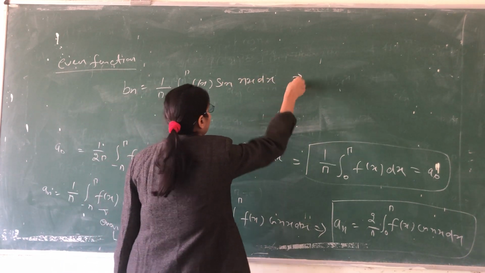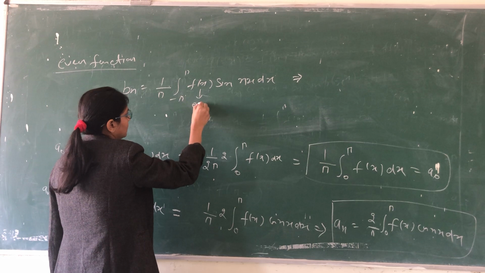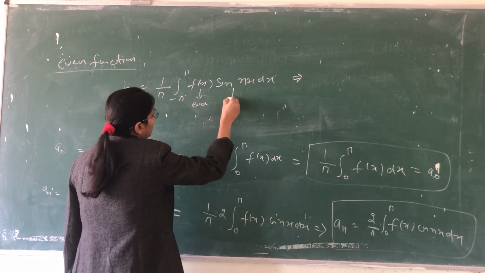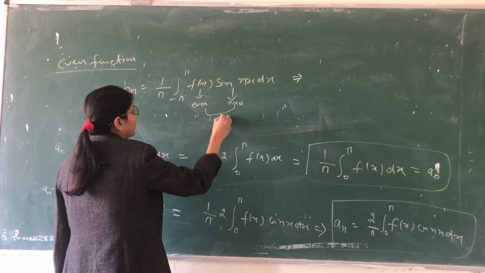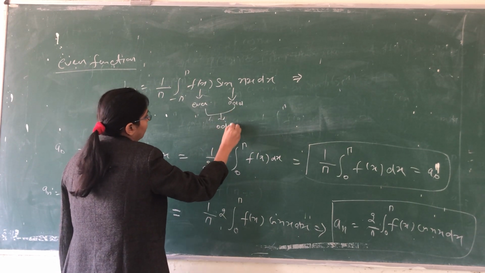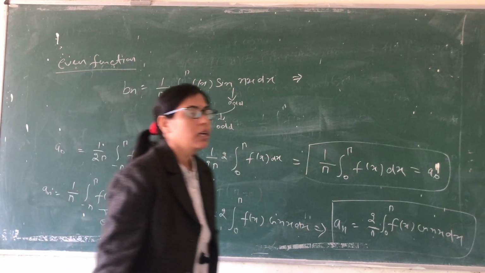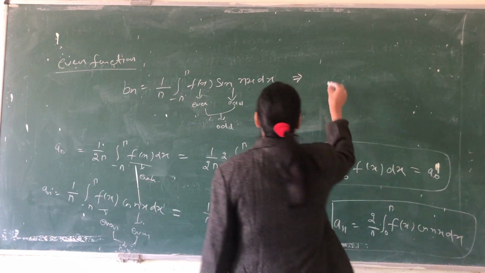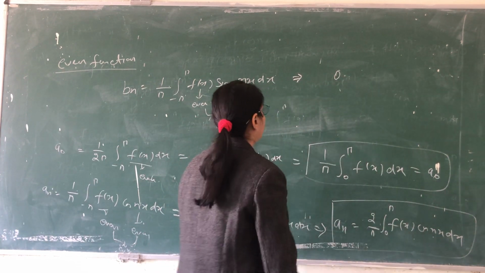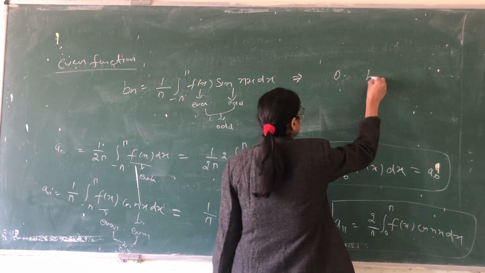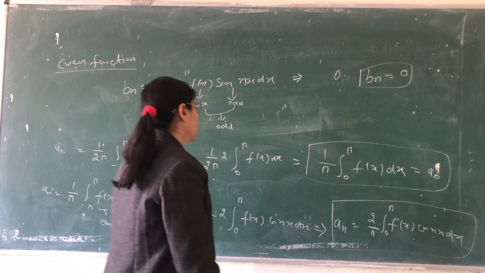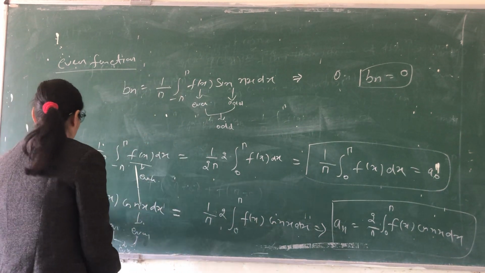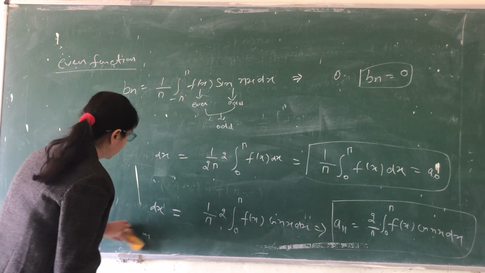Now here we know that f of x is even function, but sin of nx is odd function, and even times odd function is again odd function. So applying the property of integration, this integration becomes 0. So here bn is 0.